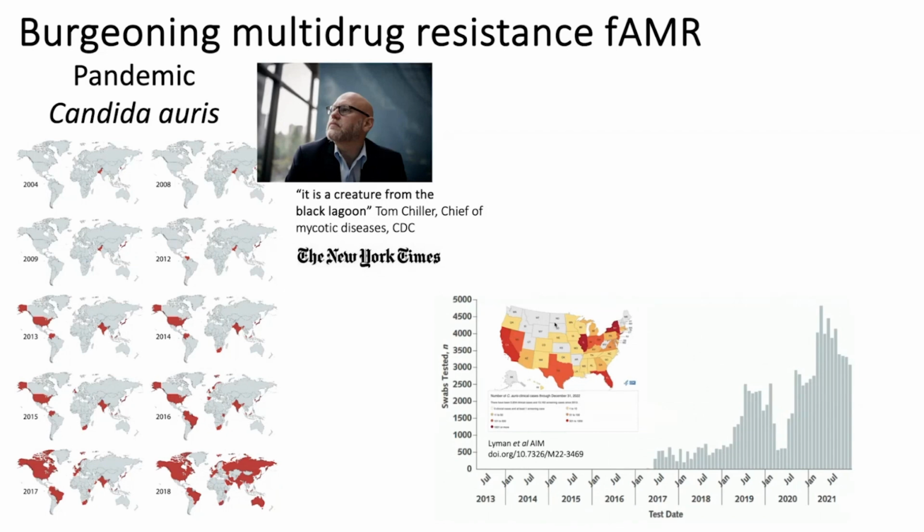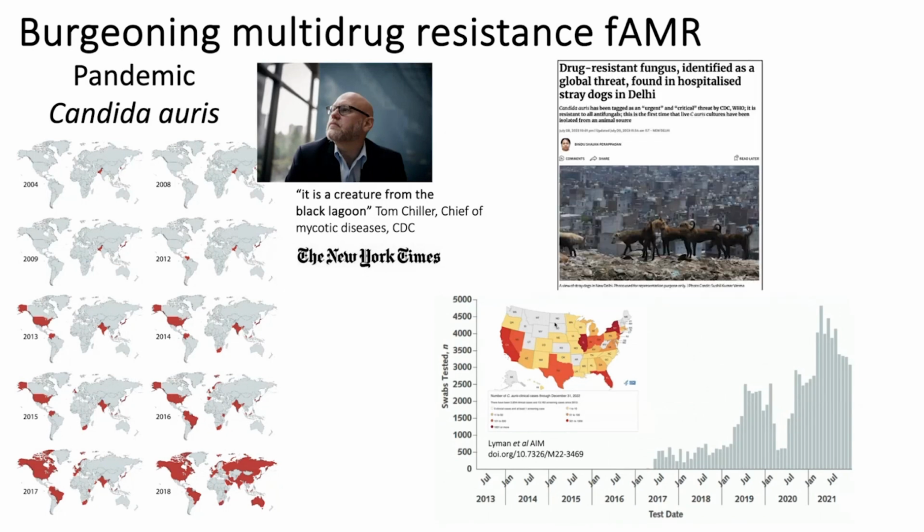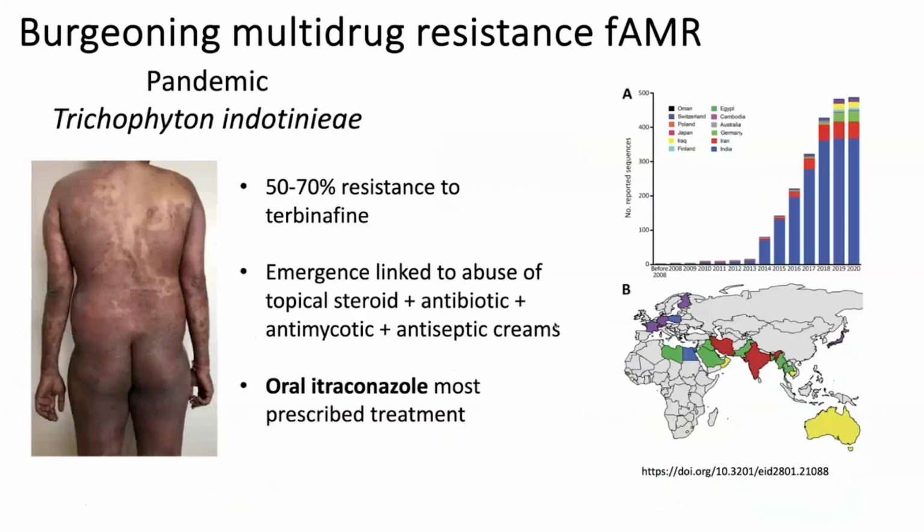Here you see the increase in healthcare settings across the United States. And here we're actually seeing spill back into the environment as Candida auris is now establishing widely in feral dog populations. So, you know, it really is going to end up becoming a dominating yeast across the planet.